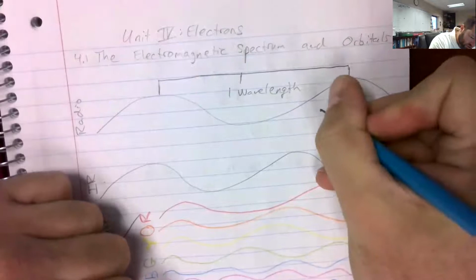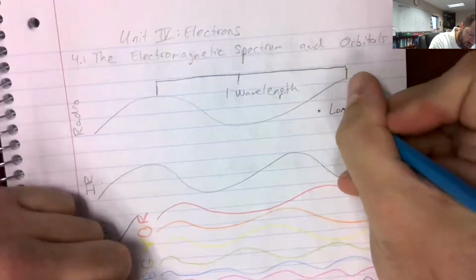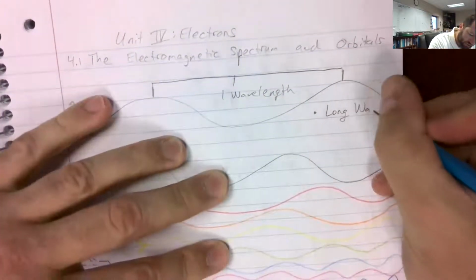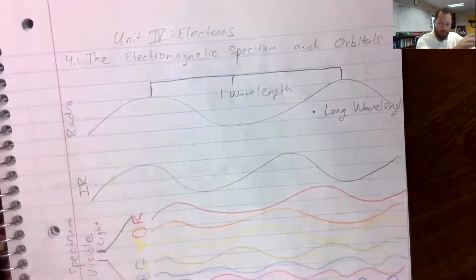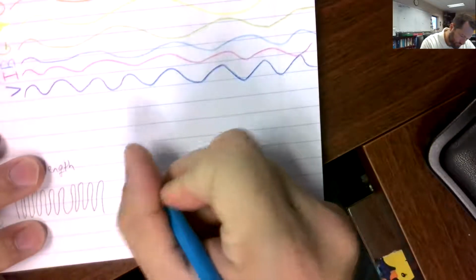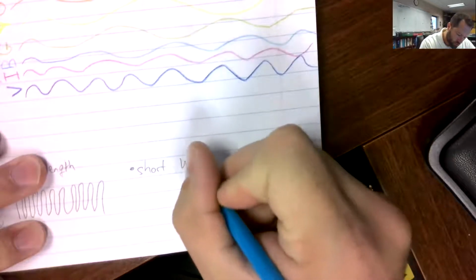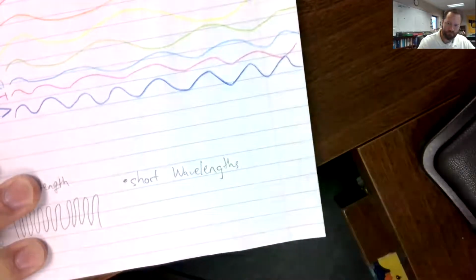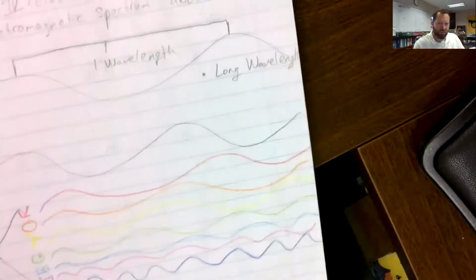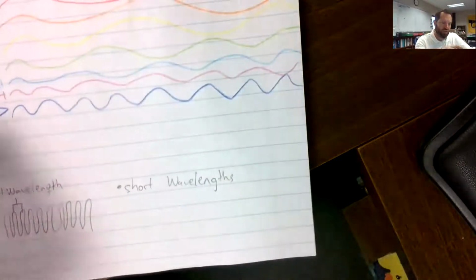Write the quick note here. Up at top, we have long wavelengths. Down at the bottom, short wavelengths. Long wavelengths at the top, short wavelengths at the bottom.